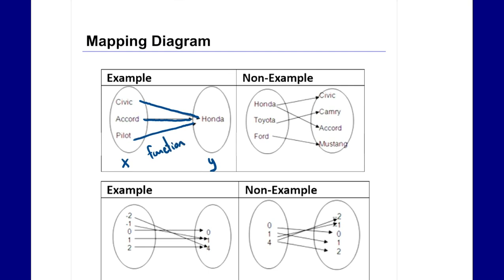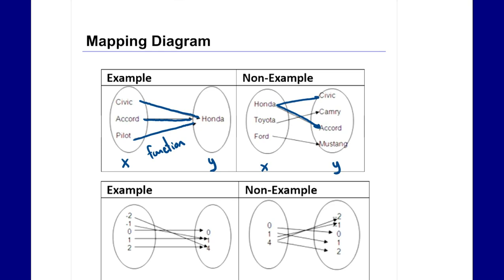For the non-example, even though it's already identified as not an example of a function, we can at least see why. Again, the first column is x, the second is y, and we can see that from Honda, we have two possible y values from the one x value. That means it is not a function, because if we were to input Honda, we have two possible answers that we could get.